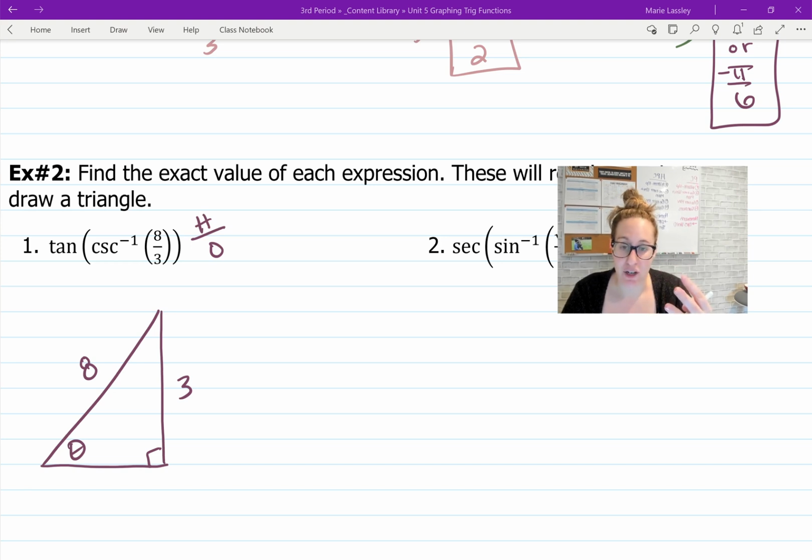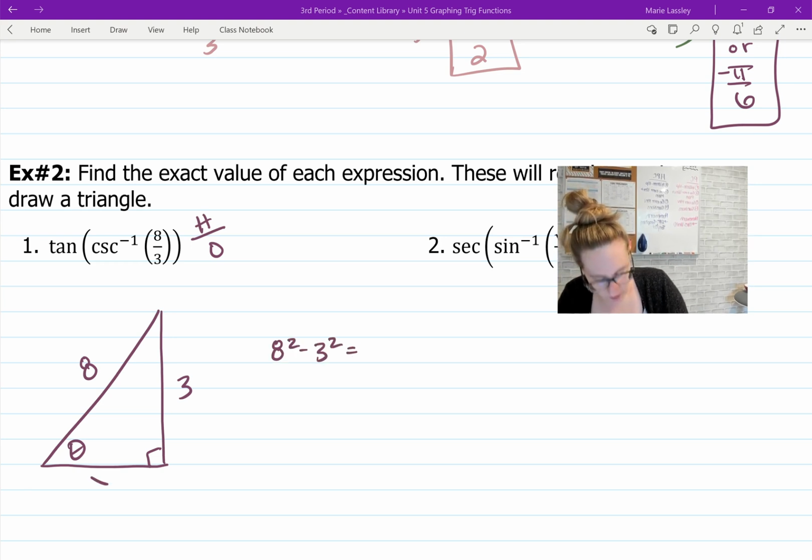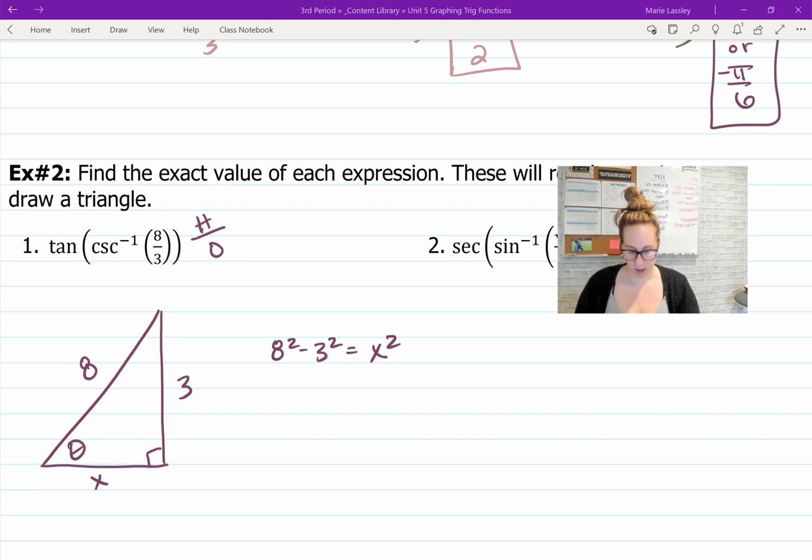I need to do the Pythagorean theorem to find my missing side. So I have 8 squared minus 3 squared equals x squared. Really quick, I'm going to go to my calculator. 8 squared minus 3 squared is 55.